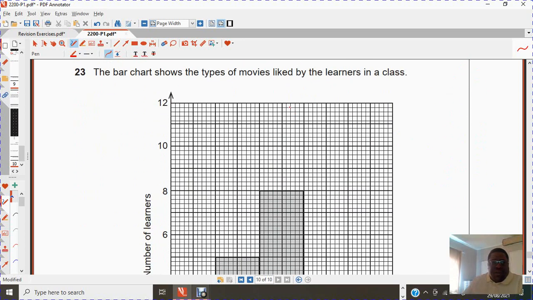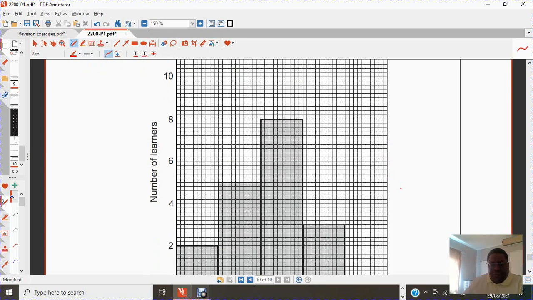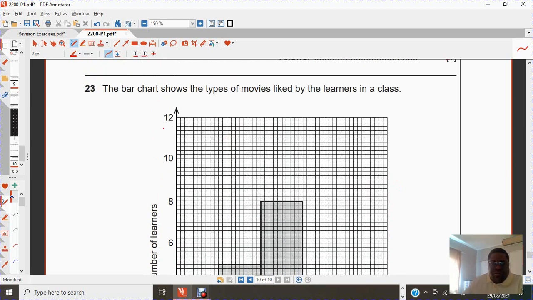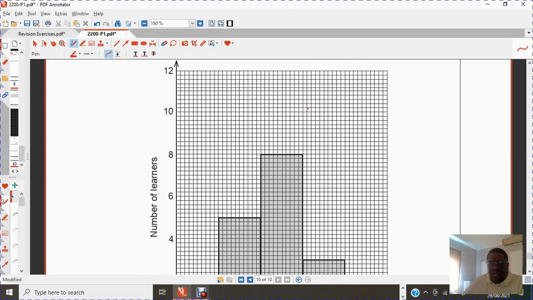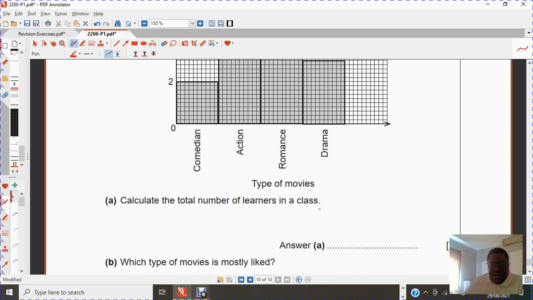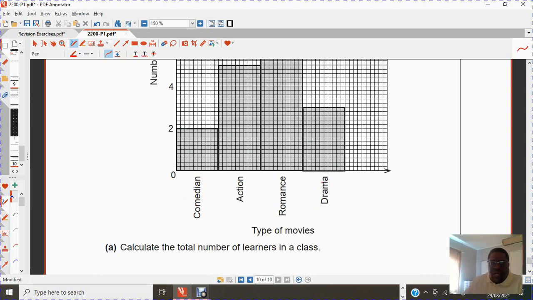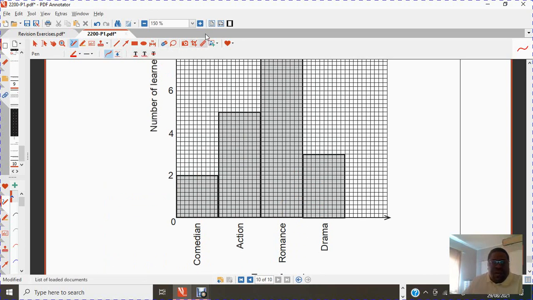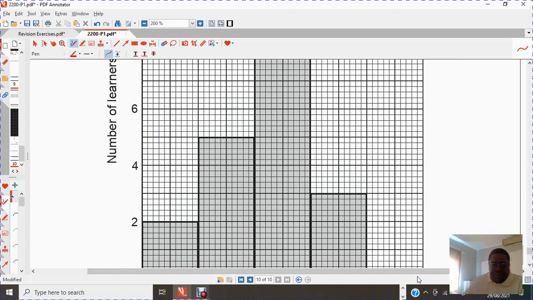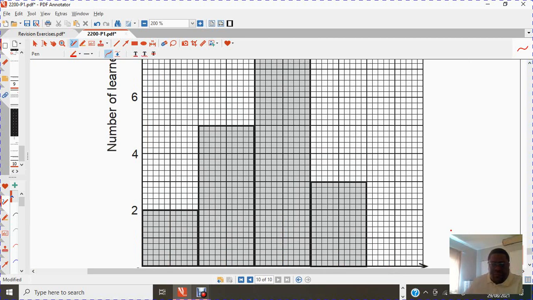Then question 23. Let me just make it a bit smaller so you can fit my screen here. I'm going to blow it up again. The graph shows the type of movies liked by the learners in the class. So you have got drama, romance, action, and comedy. Calculate the total number of learners in the class. Well, in order for us to find the total number in the class, I know that there are 2 learners here.